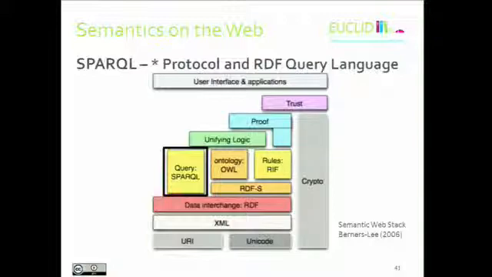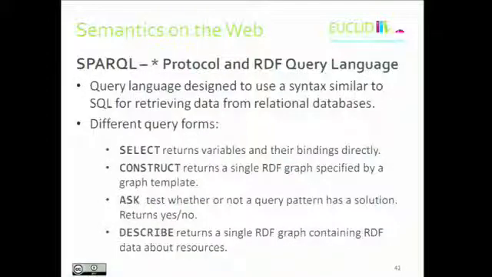Now, the last word in standards, at least for this part of the course, is the query language, SPARQL. I've said it's both a protocol and originally a query language, which was true of the original version.